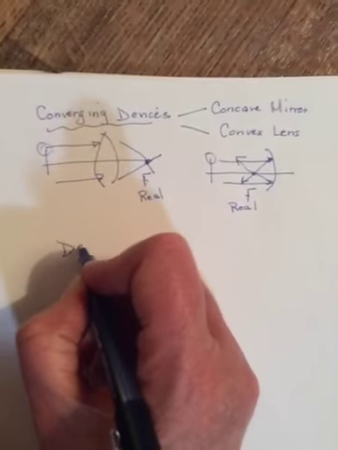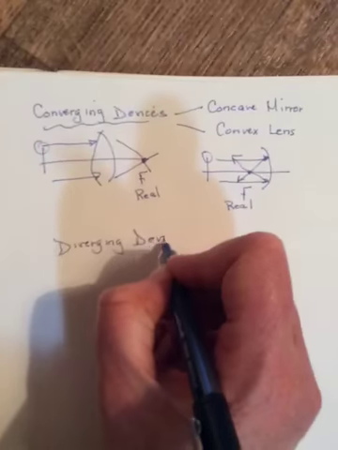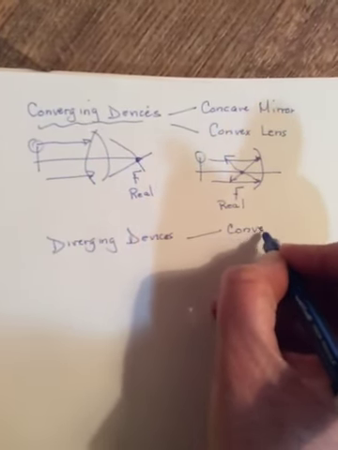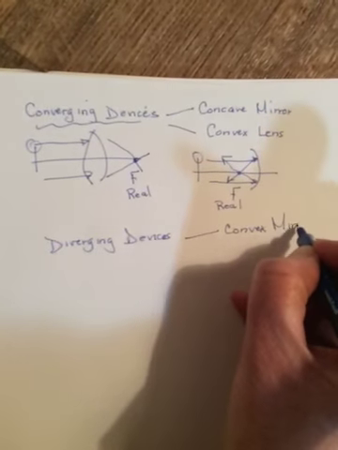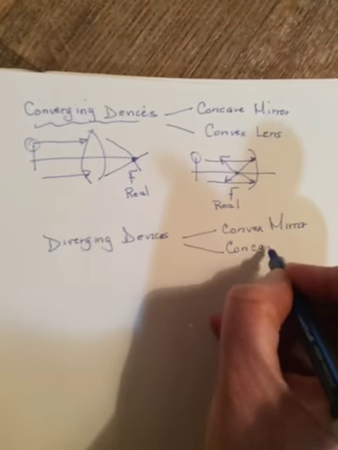For diverging devices, the options are a convex mirror and a concave lens.